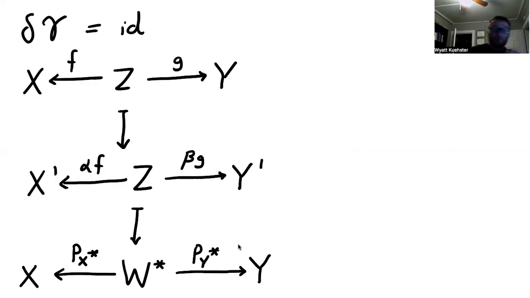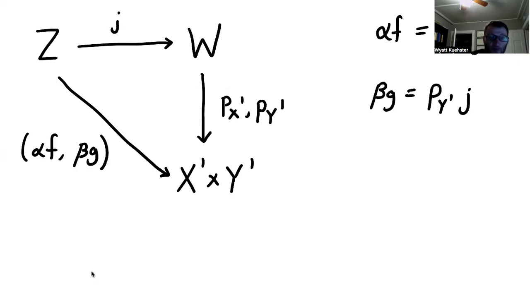Okay, so now let's do gamma and then delta. So first I'll apply gamma, which is just sticking alpha and beta on the ends. And then I'll apply delta, which is forming this pullback square using z, w, and all those things. I get a cocycle from x to y. I want to show that it's in the same path component as f comma g.